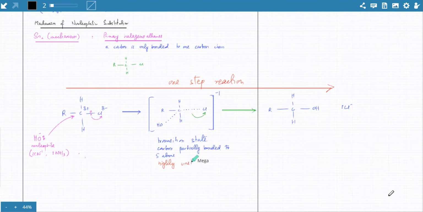It's highly unstable, and you can't stop the reaction here. It's either this or this. This thing is just a hypothetical transition state. You might observe it for a very minute second, but it doesn't actually form in the reaction. You can't stop the reaction here. Do you get the point?